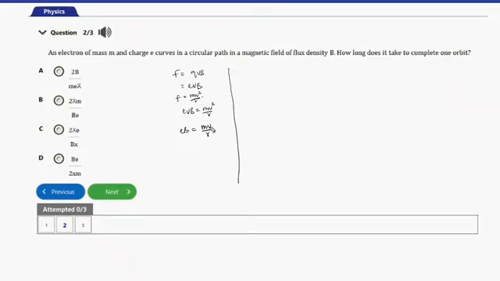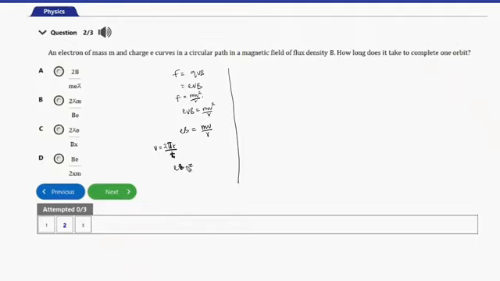But let's take note that actually the distance it will take to cover this circular path is 2 pi r. So in that case, since the distance it will take to cover this circular path is 2 pi r, and velocity here is the distance or displacement over time, so we are going to have that this will become 2 pi r over t.